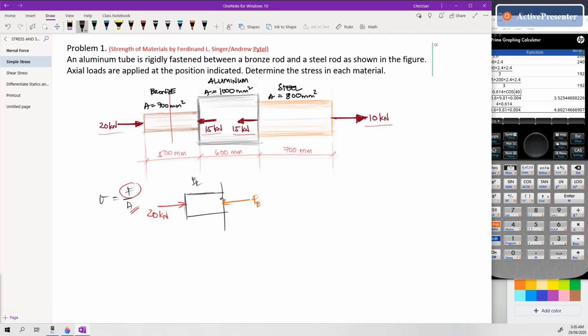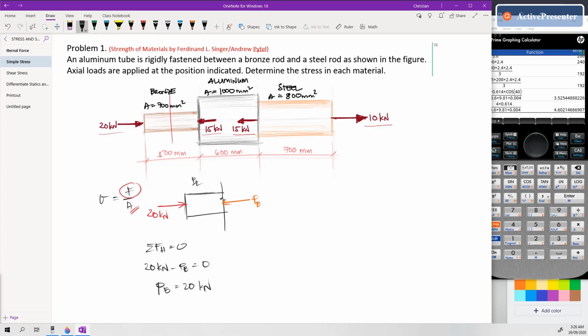So obviously if we sum up forces along the horizontal, that should be equal to 0 dahil equilibrium tayo. Then 20 kilonewton minus actual force PB equals 0, then yung force PB is equal to 20 kilonewton.